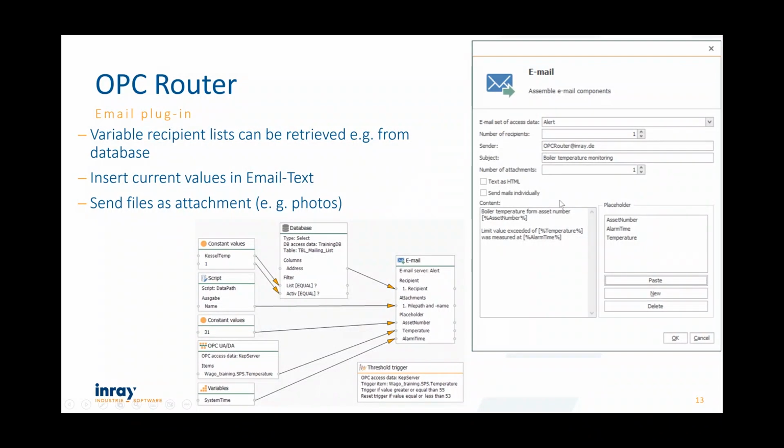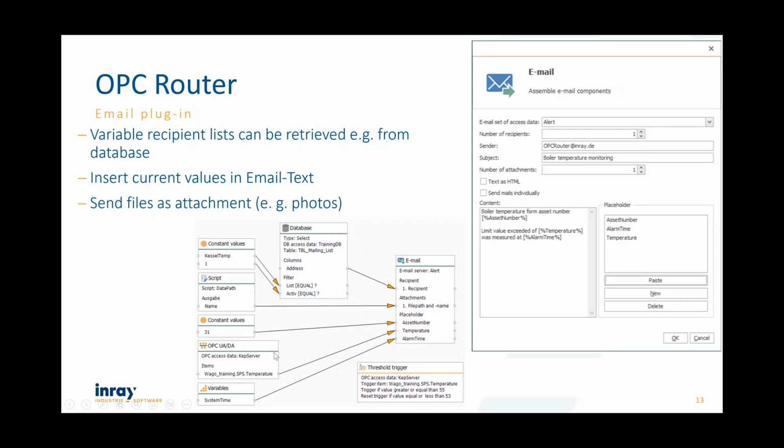And this email should be sent out when a temperature is equal or higher than 55 degrees. If that temperature value is higher than 55 degrees, then please send an email to the right maintenance personnel. And in that email, you will have that standard text and the asset number, the temperature value, and the alarm time. So how you do this with OPC Router is you have these, these are all your data sources.